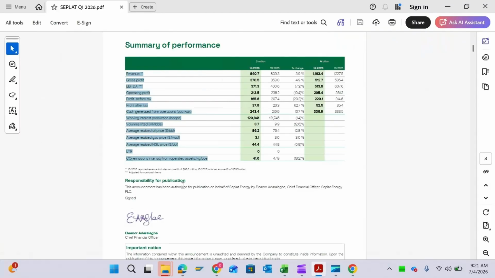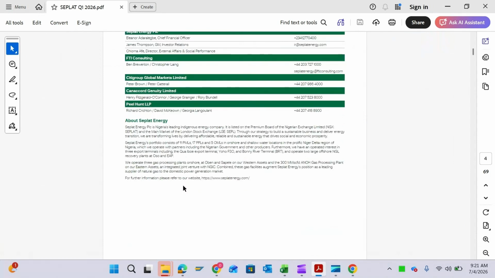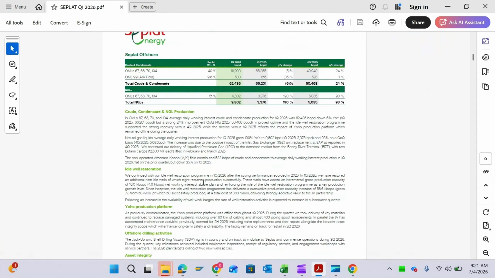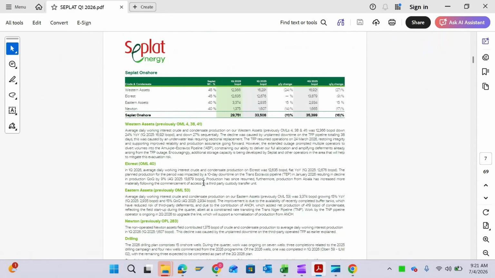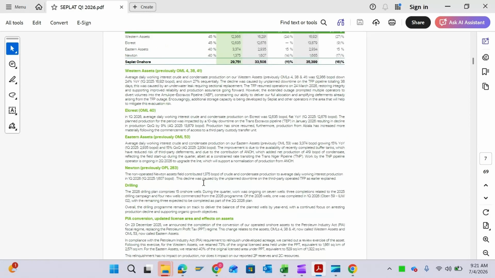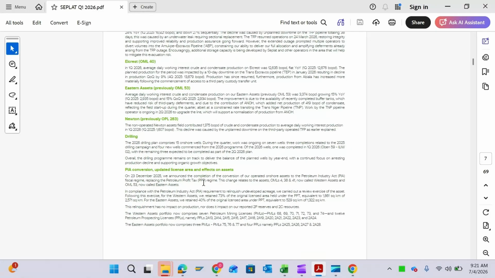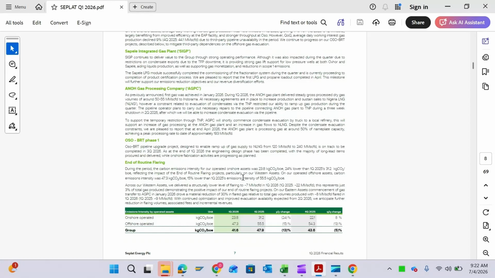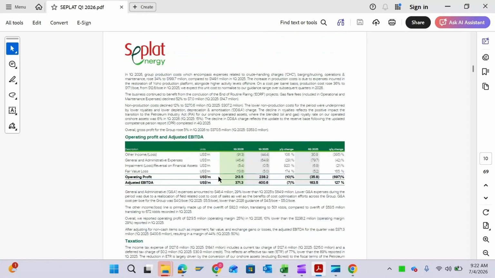So let's go to the statement of profit or loss. It will tell you for a particular period what profit or loss was made by the company you are talking about, because this is actually important if you are going into investing.